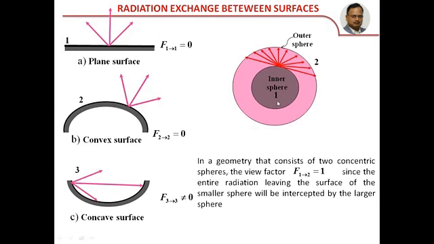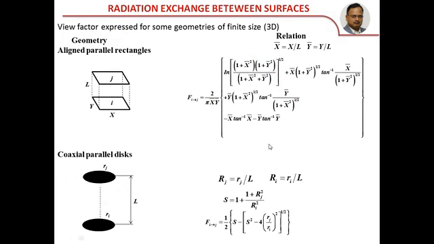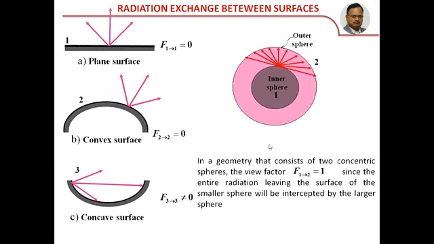So that consists of these two concentric spheres. The entire energy leaving the surface of the smaller sphere will be intercepted by the larger sphere, hence F12 is equal to 1.